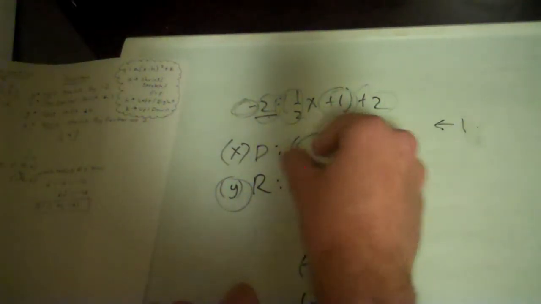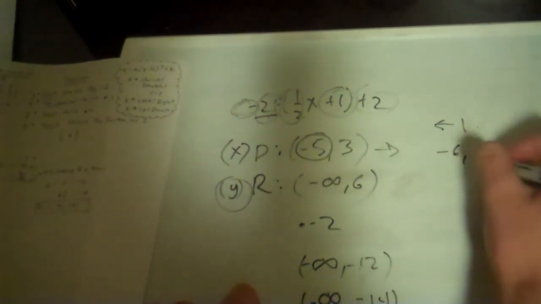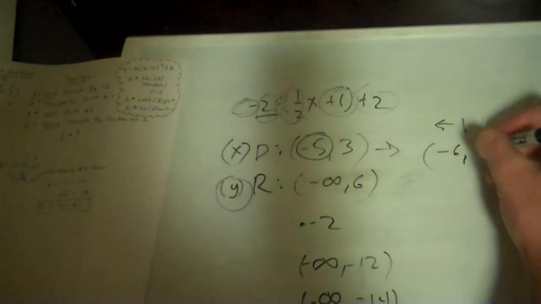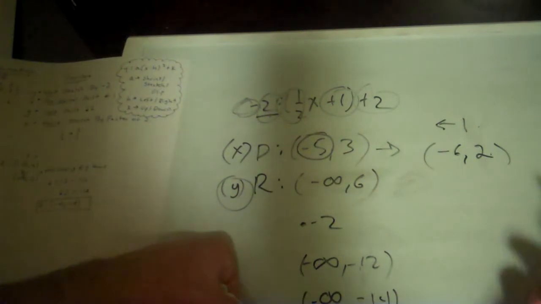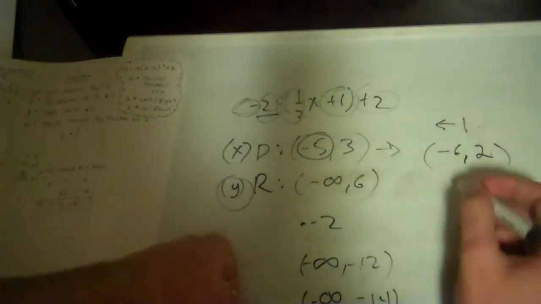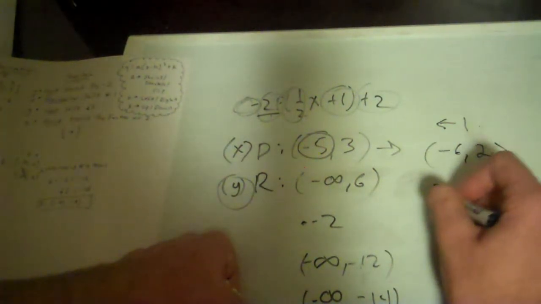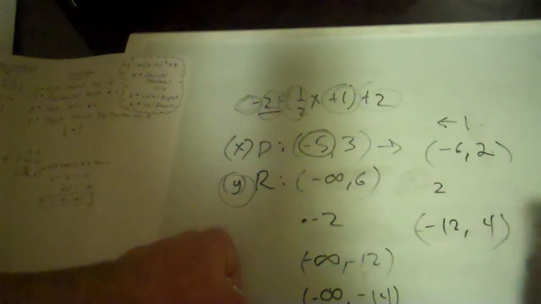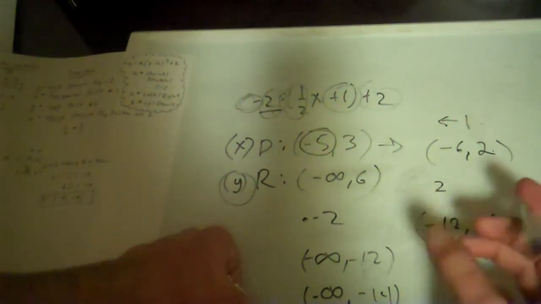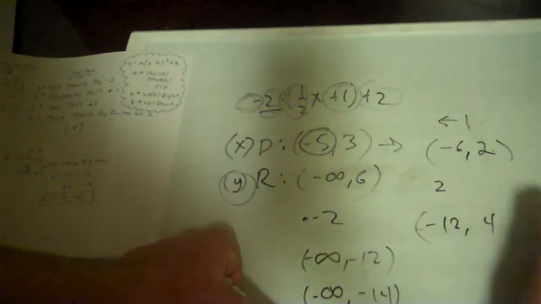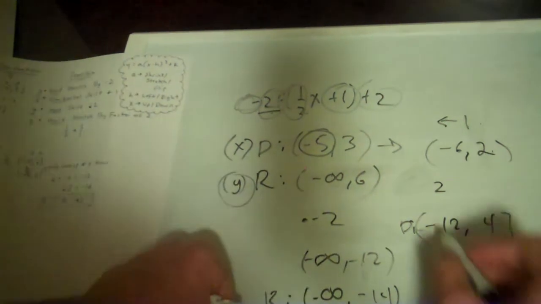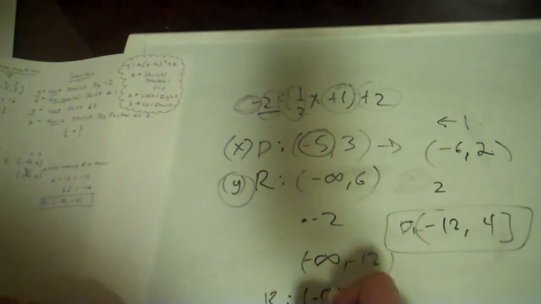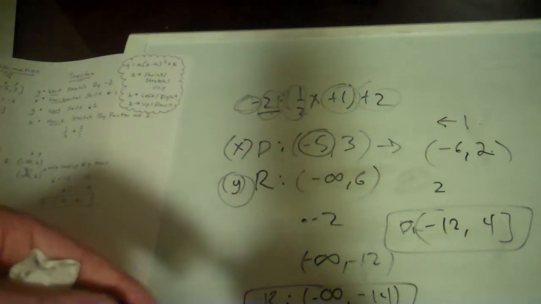We're going to take this x value, -6, 3, or actually 2. Then we take a horizontal stretch by a factor of 2, so we multiply by 2, giving -12, 4. That's going to be our new domain and our new range. -12, 4 for the domain, and negative infinity, -14 for the range.